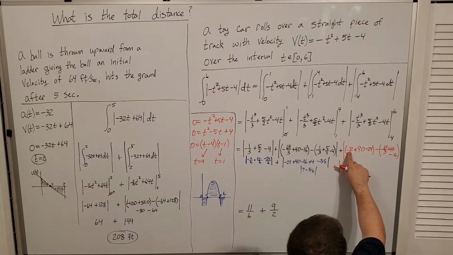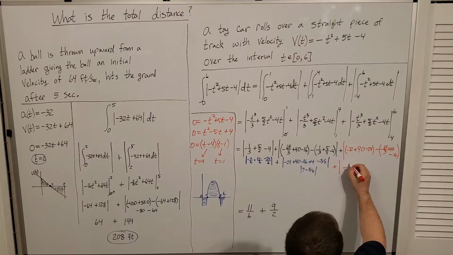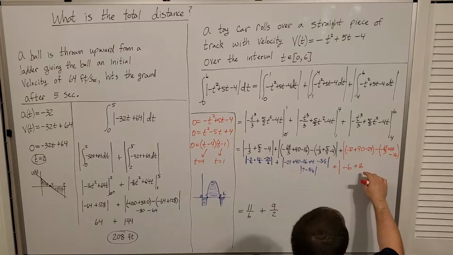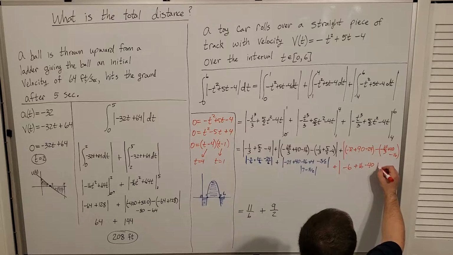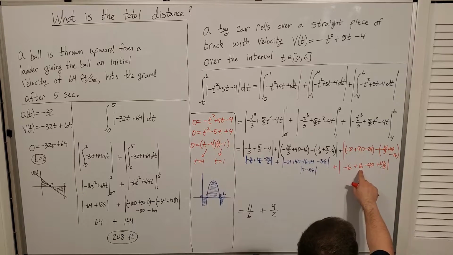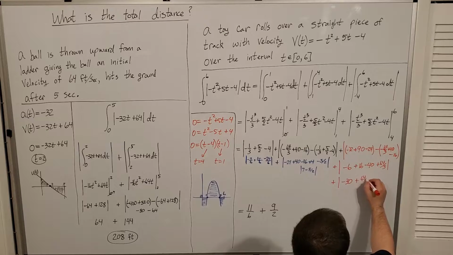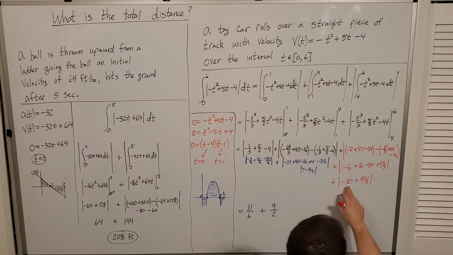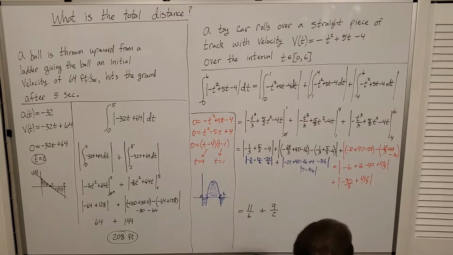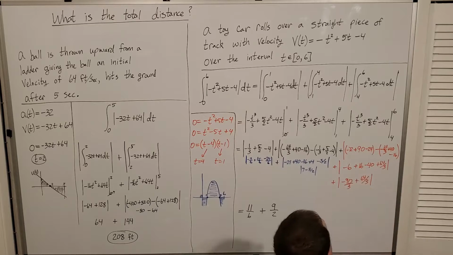So I've got negative 96 here plus 90 is going to be negative 6 plus 16 minus 40 plus 64 over 3. Okay, so that's negative 30 plus 64 over 3. And 30 is 90 over 3. So in total, I'm getting 26 over 3.